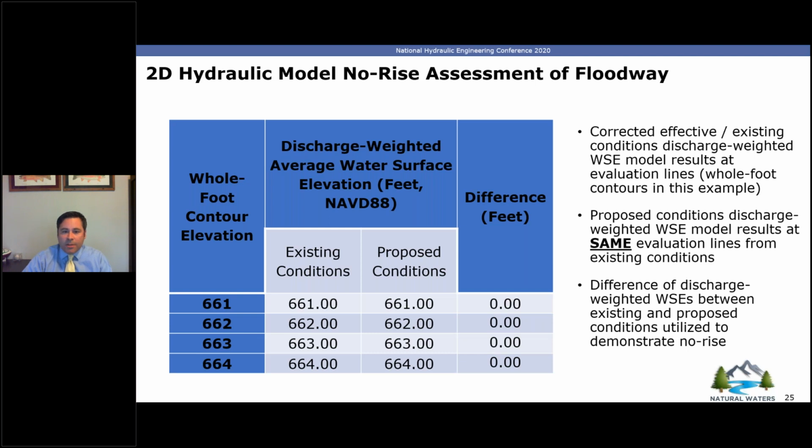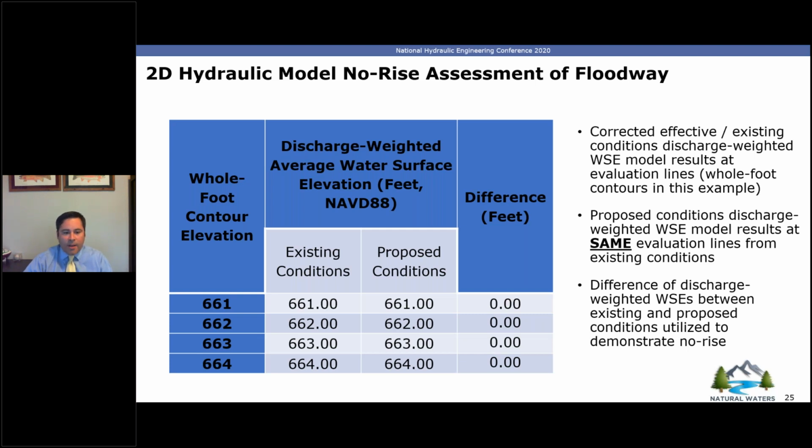Similar to the floodplain model, you would do the same assessment of the proposed conditions and the existing conditions with the floodway model. In this case, utilizing the 1-foot contours as those evaluation lines, we were able to demonstrate that the proposed project achieved a no-rise based on that bridge replacement.